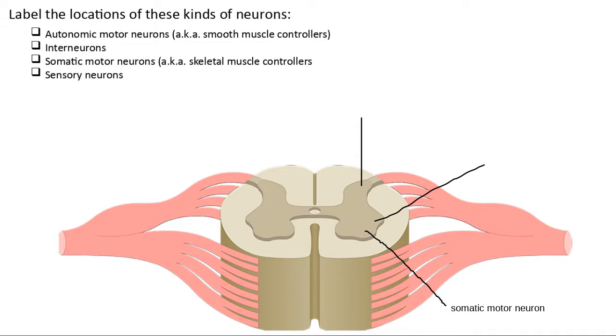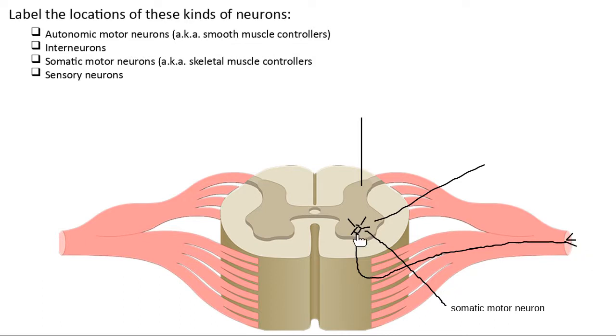So I'm going to draw, we get to draw a neuron together today. I'm going to draw a neuron here with its little dendrites here, cell body. This is where that somatic motor neuron starts, and then its axon goes out and leaves. So here are its little axon terminals at the end. A somatic motor neuron, its cell body starts in the ventral horn, and then its axon leaves through that ventral root to go out where it's going, to go out to skeletal muscle, for example.